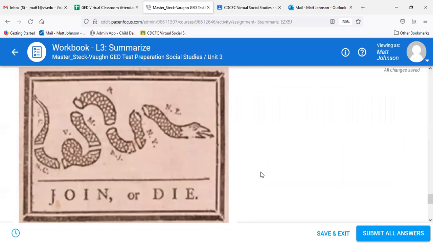What can we throw together? We have to summarize the two times that this became relevant. So we probably should reference at least the date 1754, as far as the first time that it appeared. So we want to throw in something about 1754 is when the cartoon first appeared.